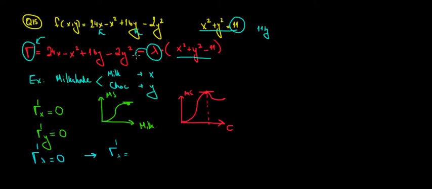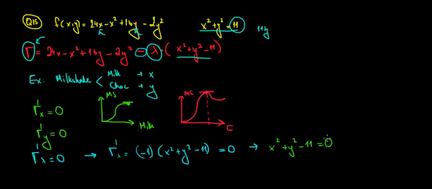So we take the coefficient -1 as a constant times all this thing. So -1 times x squared plus y squared minus 11 has to be equal to 0. Well, -1 cannot be 0, which means x squared plus y squared minus 11 has to be 0, which means, x squared plus y squared equals 11.